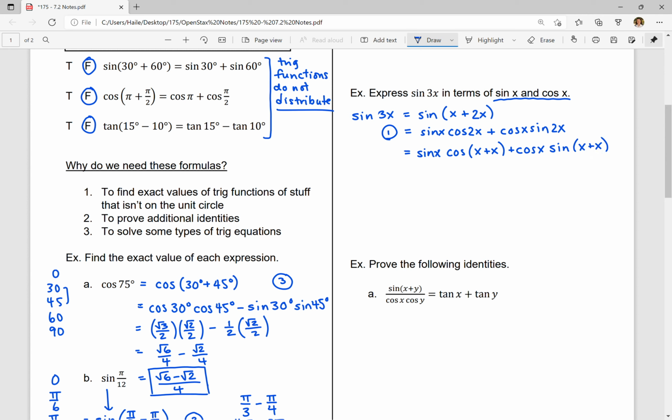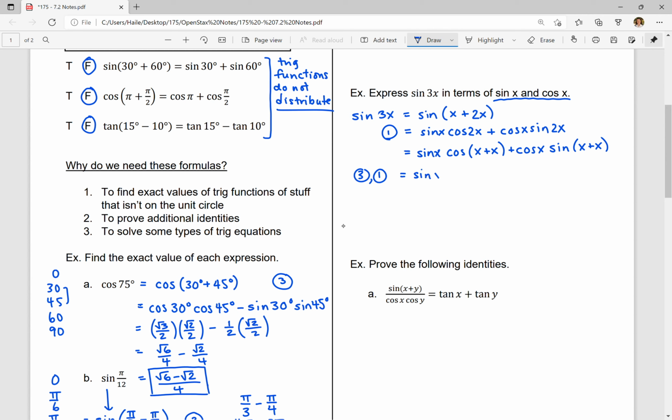Now within each of those terms, I can expand the cosine of x plus x and the sine of x plus x. The cosine of a sum will be formula 3, and the sine of a sum will be formula 1, just so you have a reference.